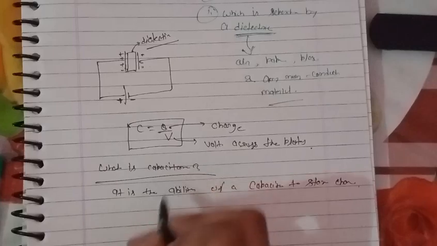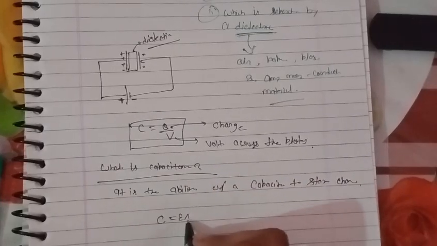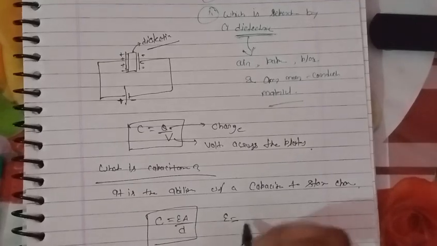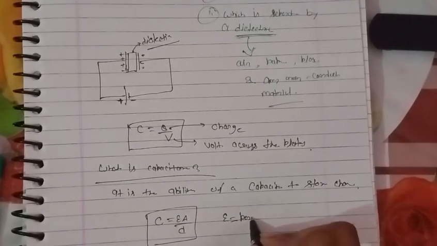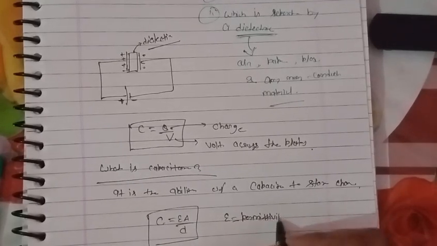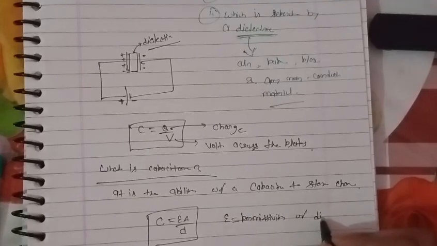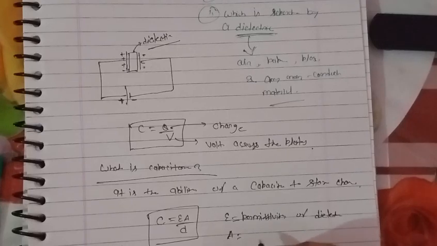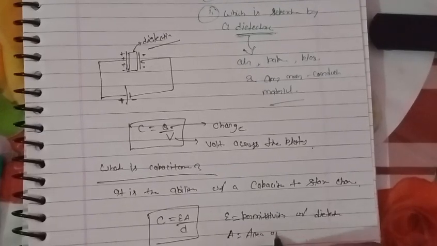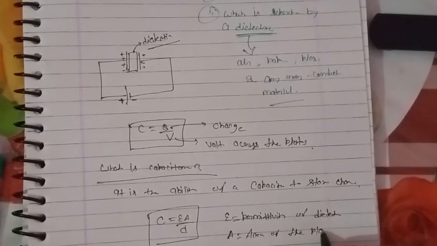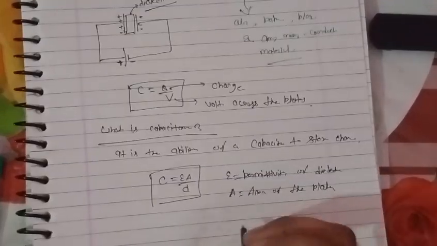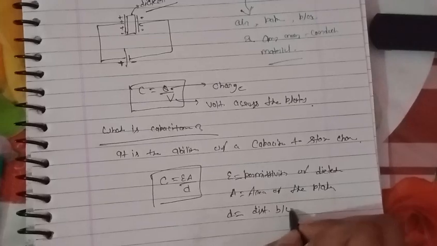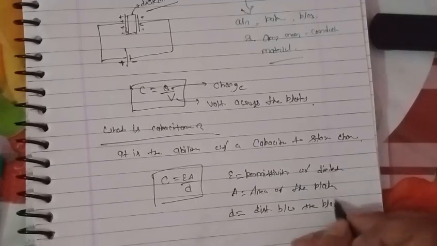And the formula of capacitance is C is equal to epsilon A by D, where epsilon is equal to permittivity of dielectric, and A is equal to area of the plates, and D is equal to distance between the plates.